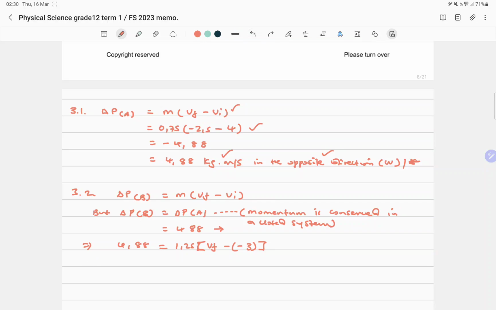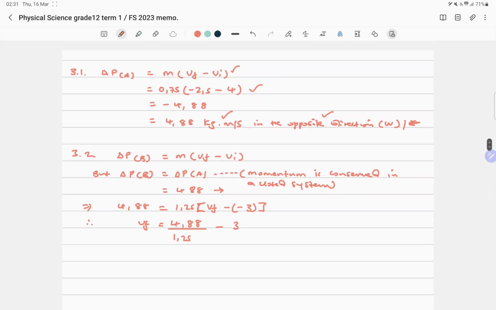We don't want to make it too long. So we can say, therefore, the final velocity is going to be this guy, 4.88. I don't know why now my writing is fading. Divide by 1.25 first, and then this becomes positive. When you transpose it, it becomes negative. So you know what to do.